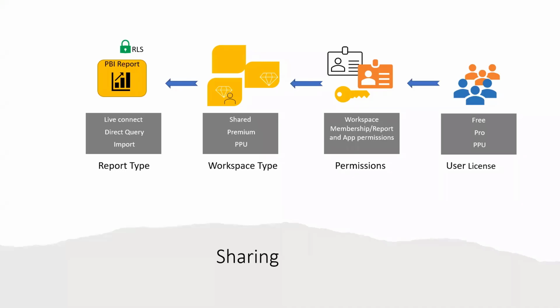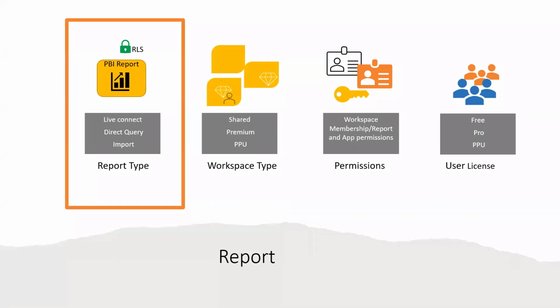A report can have row-level security implemented, or if it's a live connection or direct query to a data source, and that backend has security in place, it's not going to show any data. So in order for a user to see data on a report, they must fit all of these categories nicely. So we're going to review each one of these categories separately.